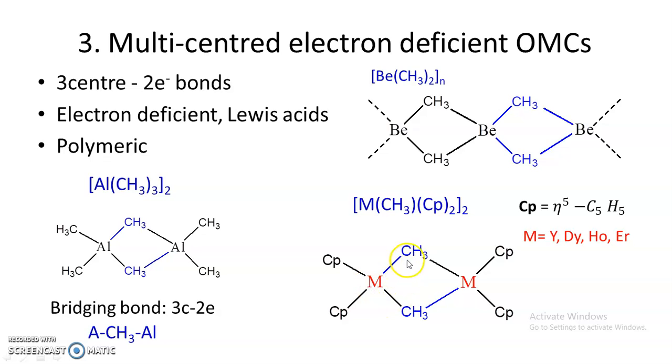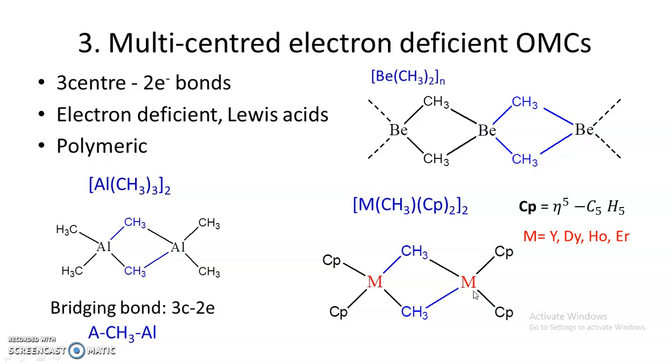There is a metal, methyl, metal 3 center 2 electron bridge. And this is about the multi-centered electron deficient organometallic compounds.